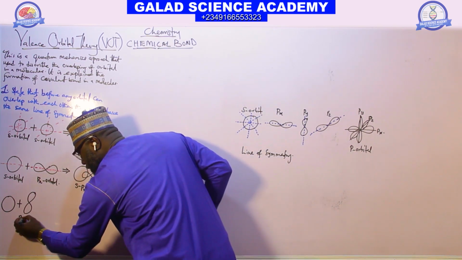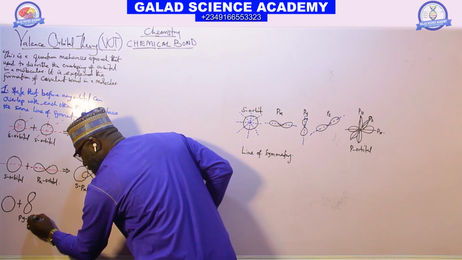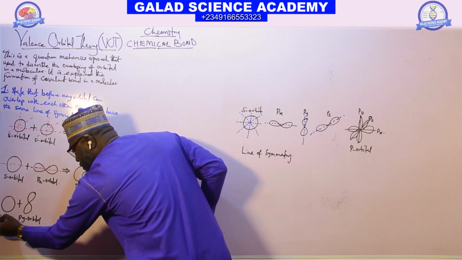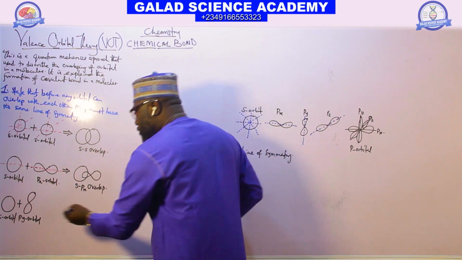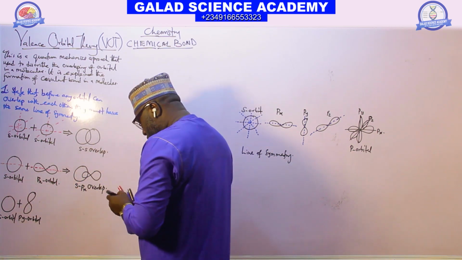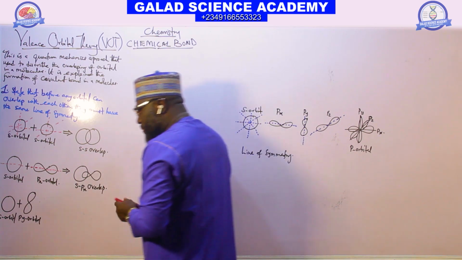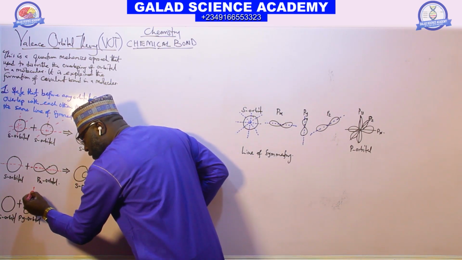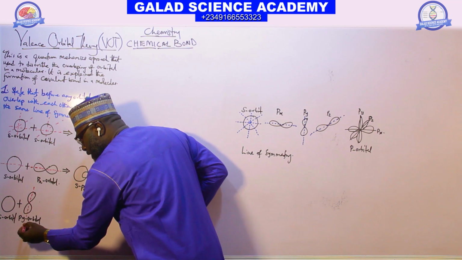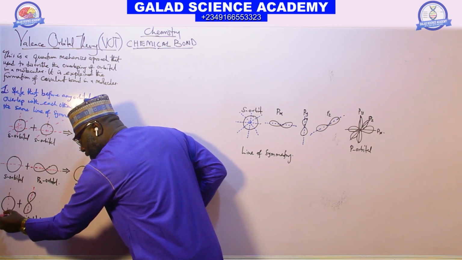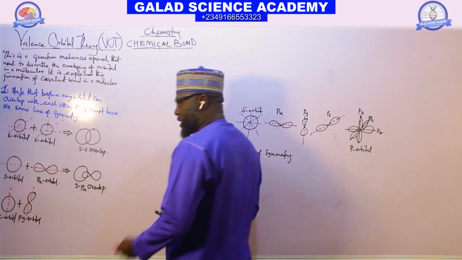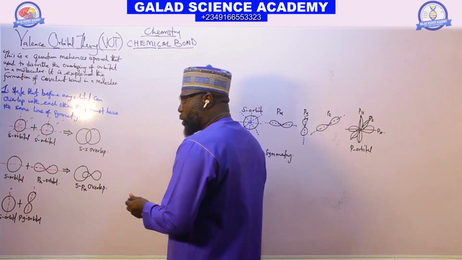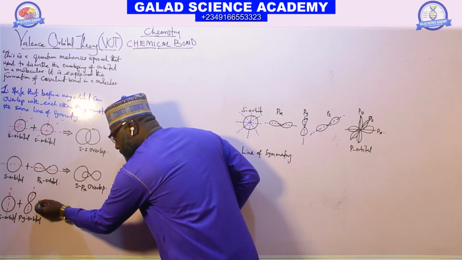This is the Py orbital, this one is the S orbital. Let us check if they can overlap. The line of symmetry for this one is this, and for this one is also this. You can see that they have the same line of symmetry. Therefore, they can also overlap.